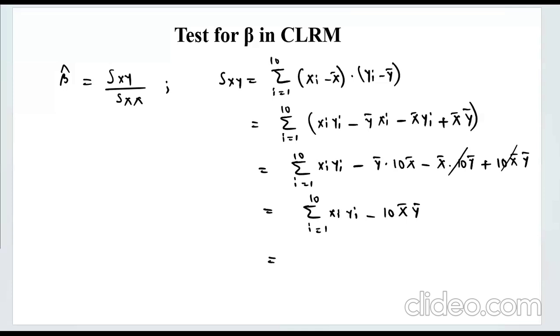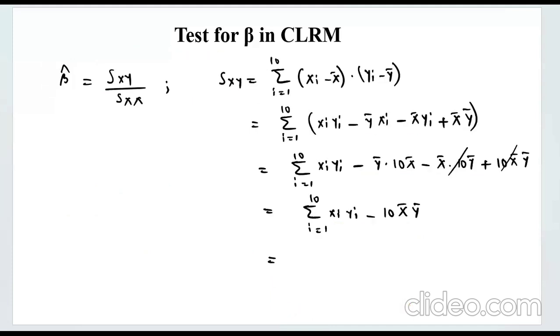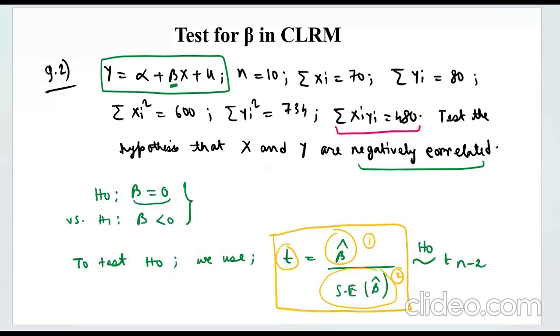Now these values are given to you. Let's get back to the question. Summation xi yi is 480. So put this 480 here, minus 10 into x bar y bar. Summation xi is given as 70, so x bar is 70 upon 10, which is 7.